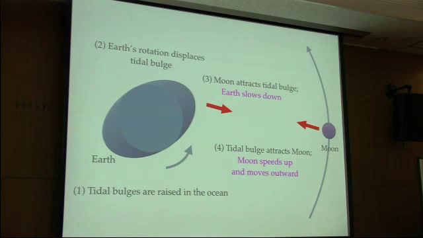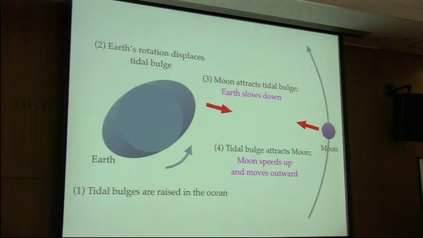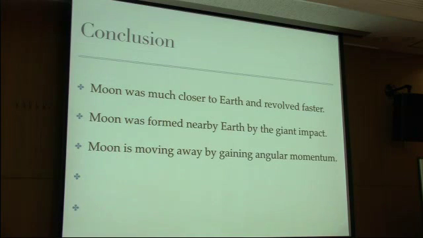It's a very simple mechanism, not so difficult to understand using the cartoon. So I think you have understood that. That is why the Moon is moving away. So the third conclusion is the Moon is moving away by gaining angular momentum from the Earth.